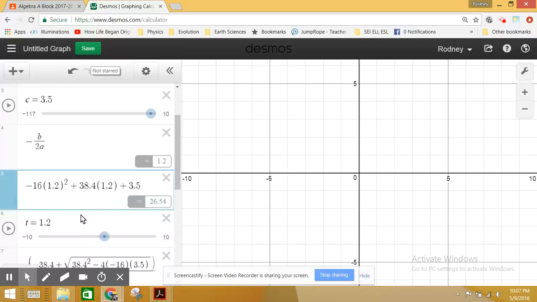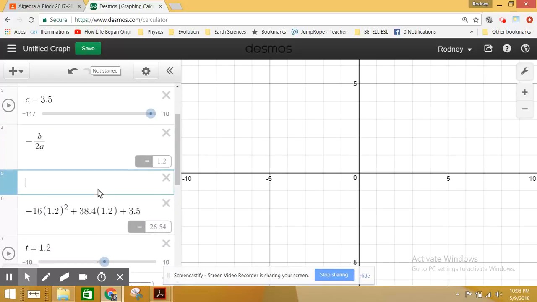I could square 1.2, which would be 1.44, multiply negative 16 times 1.44, add that to 38.4 times 1.2, and add that to 3.5, and I'd get this. That is our answer for how high the ball gets after 1.2 seconds, when it's at its vertex.